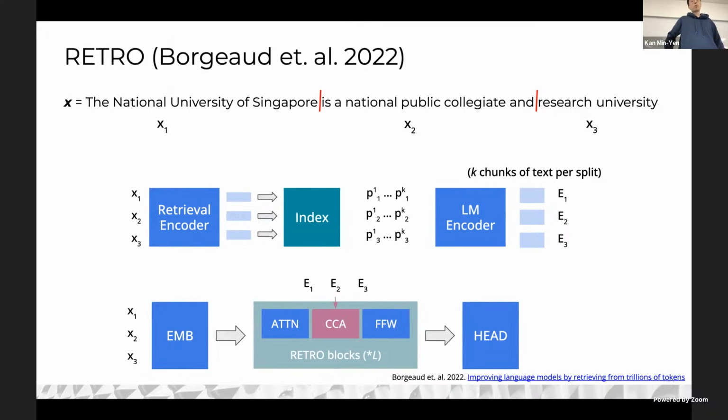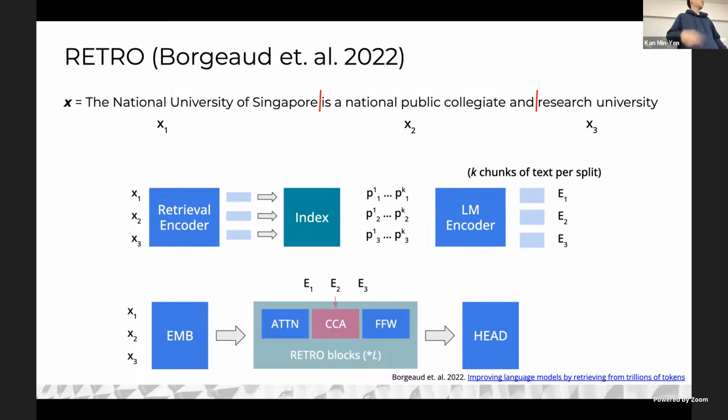What RETRO does is additionally take the embeddings, E1 to E3 we have seen, and use them to compute the attention scores. This is how we can jointly consider both the input X1 to X3 and the relevant retrieved text E1 to E3.